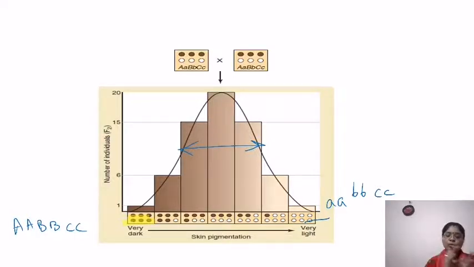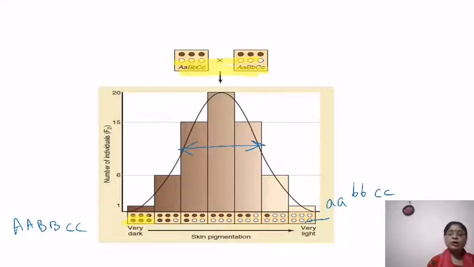So most of them in a population have a mix of it. It is showing this kind of gene composition here also, that is a mix of it. So what kind of curve is this? This is a bell shaped curve.